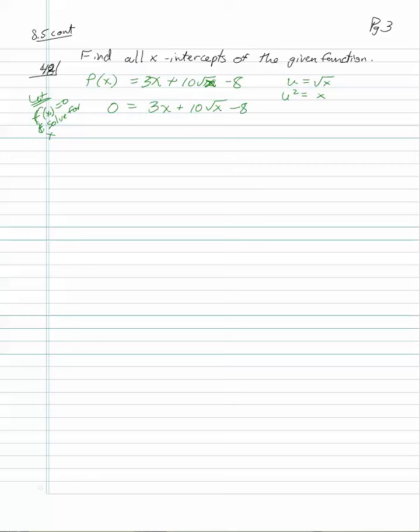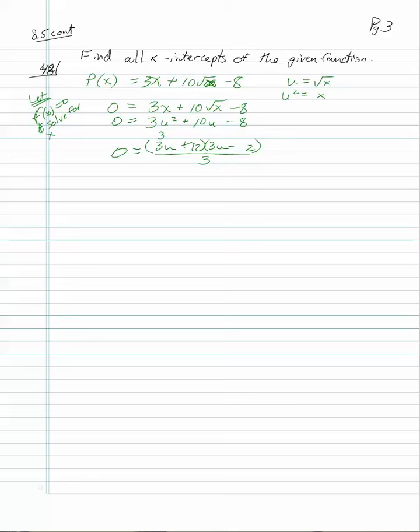We're going to do our u substitution now. 3u squared plus 10u minus 8. Factors of 24 that subtract to 10: 12 and 2. So let's see, we got 3u, 12 and 2. Bigger one's positive, signs are different.